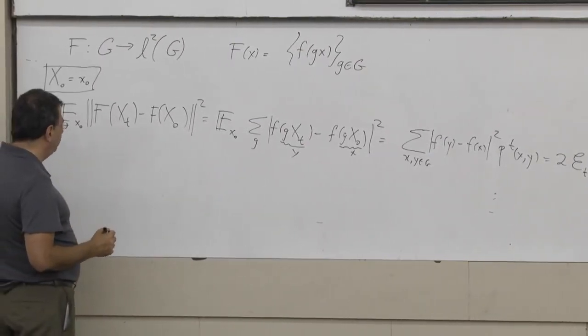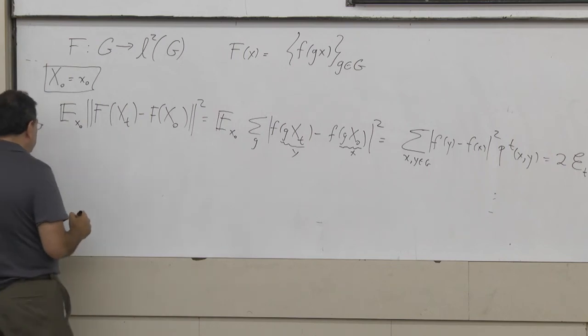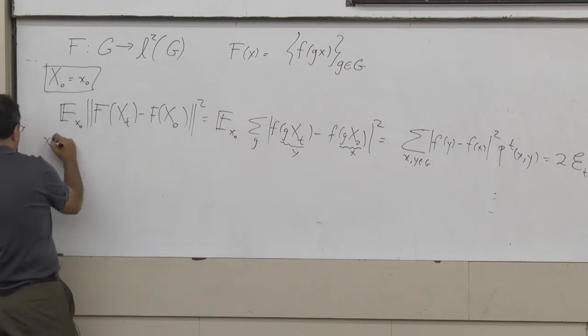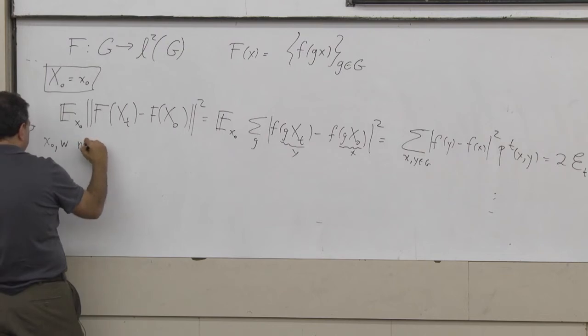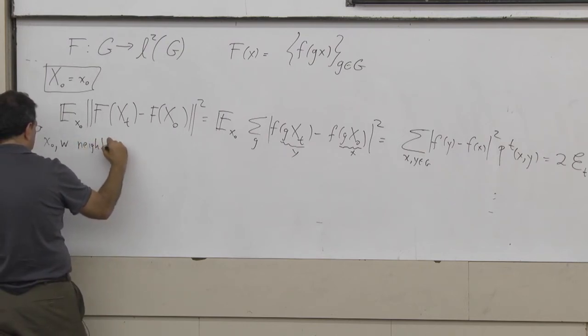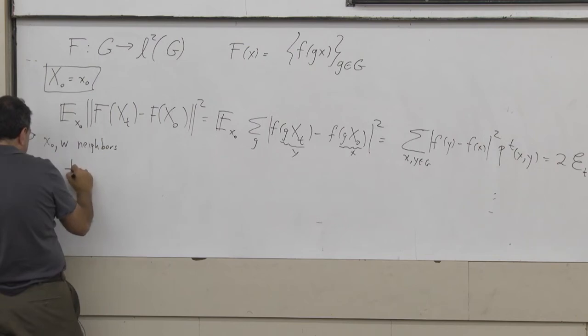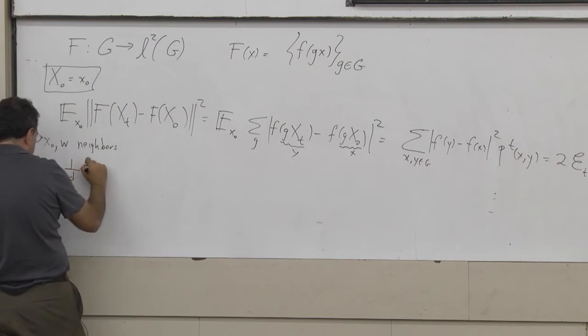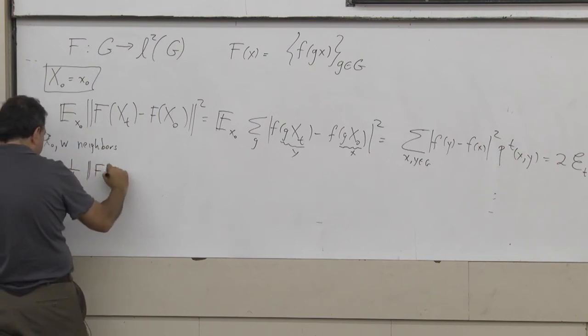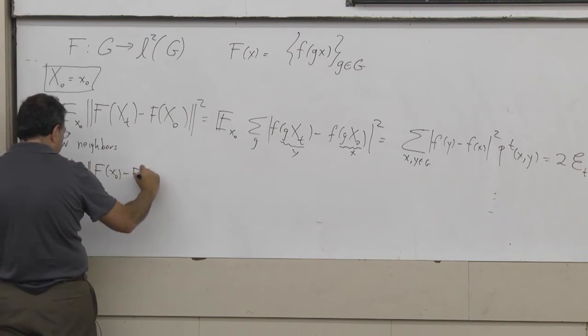First time, let's apply this for t equals 1. So suppose x0 and w are two neighbors in the Cayley graph. And let's look at 1 over d times the norm squared of f of x0 minus f of w.